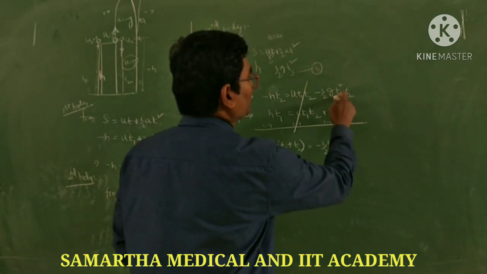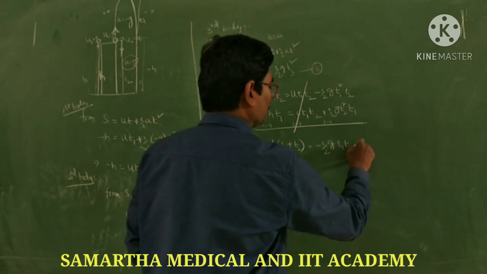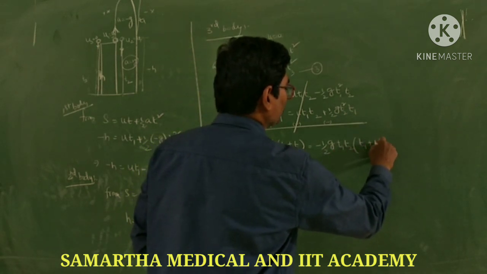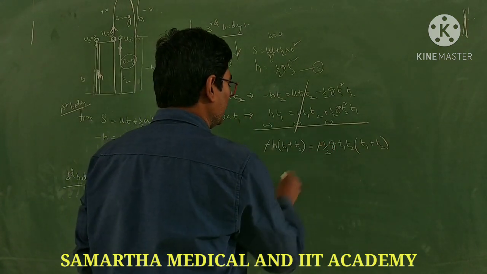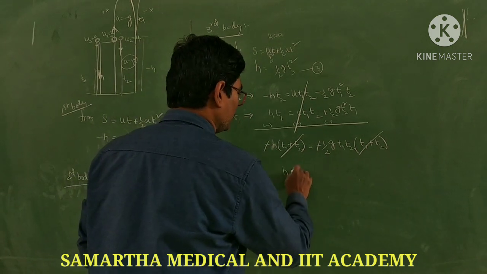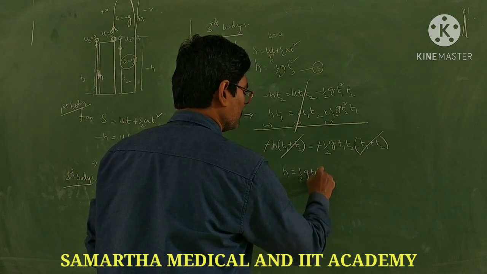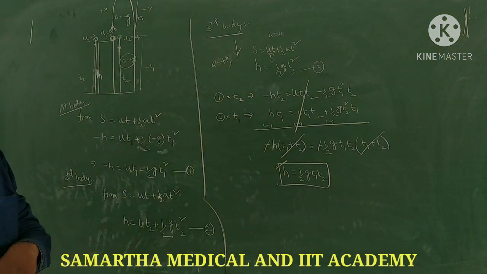T1 t2 is common, so you make T1 T2 common, times t1 plus t2. What you got: h is equal to half g t1 t2. That is the height of the tower. Clear or not?